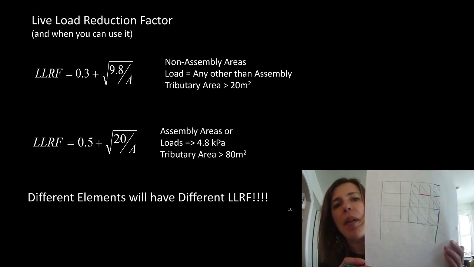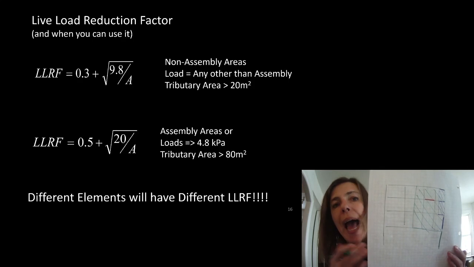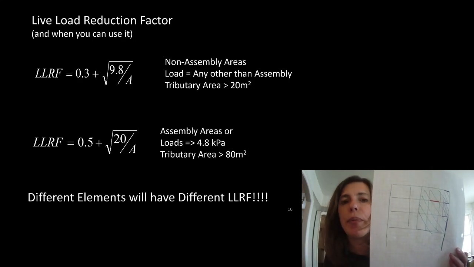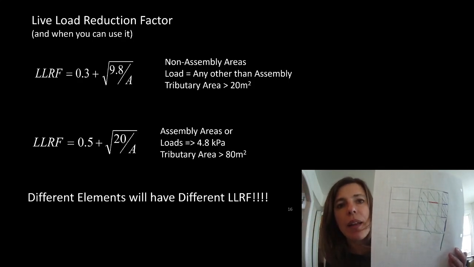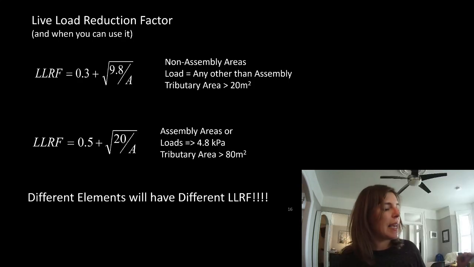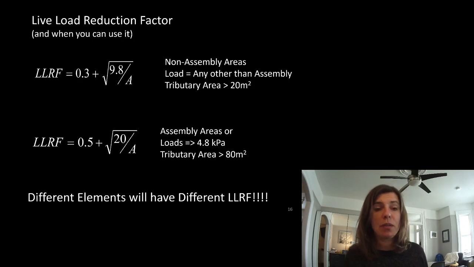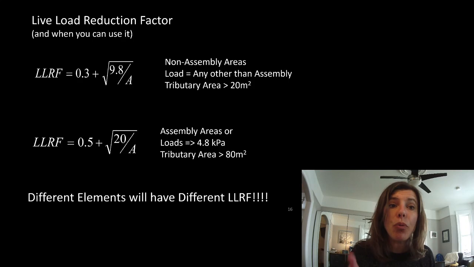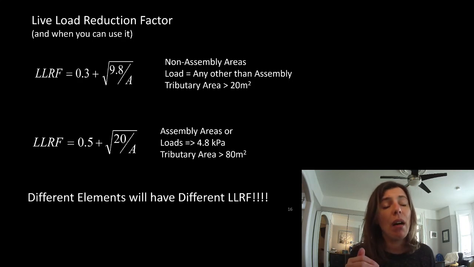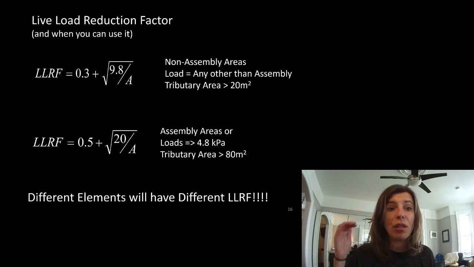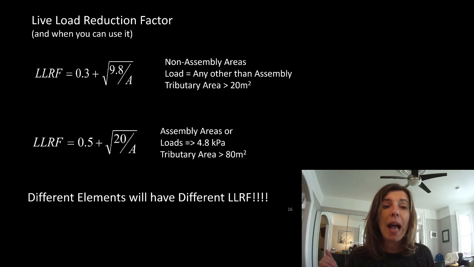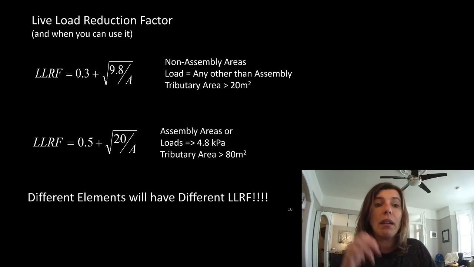The green column was carrying half of the entire building, or probably a quarter because there's a back to it. Whereas the purple one is only carrying half of each of those beams. So different elements can have different live load reduction factors. We're going to go through a calculation where we look at a column all the way down through a building and look at the loads on it, what the live load reduction factor is, and how it varies throughout the height of the column.